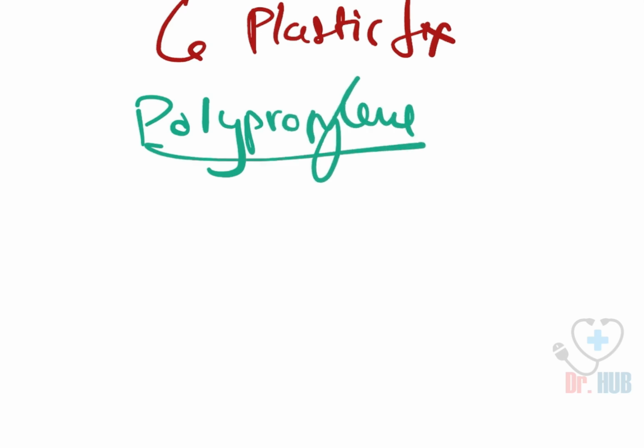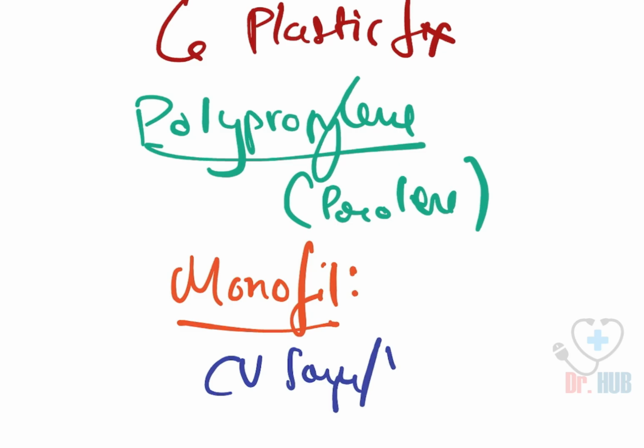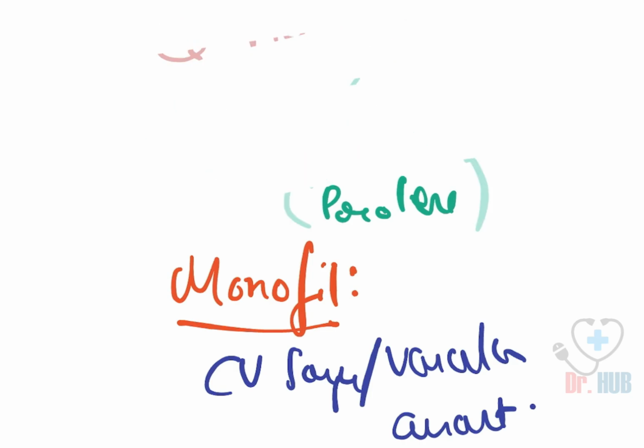Then we have polypropylene, also known as Prolene. It is a monofilament, and it is used in cardiovascular surgery as well as vascular anastomosis. It can also be used in plastic surgery.